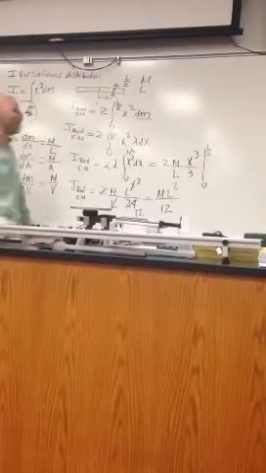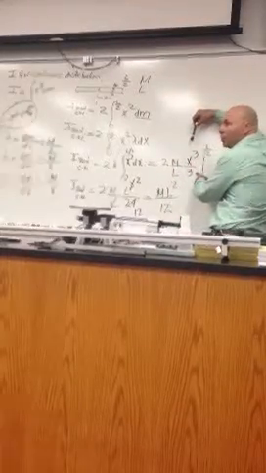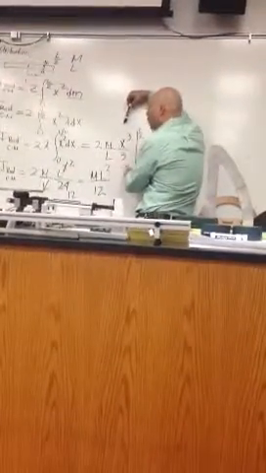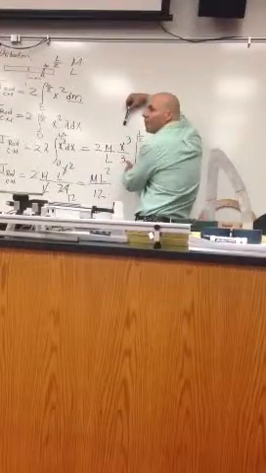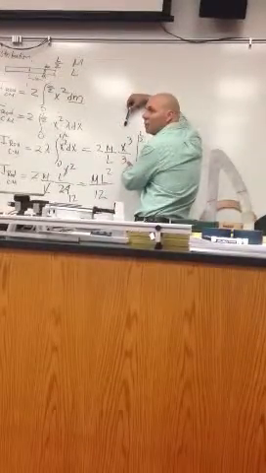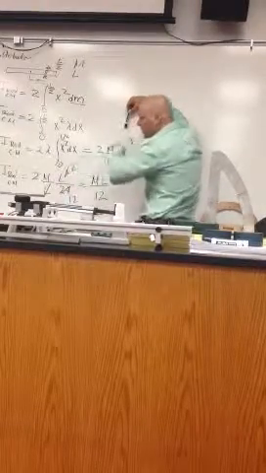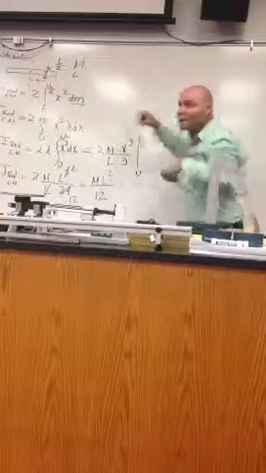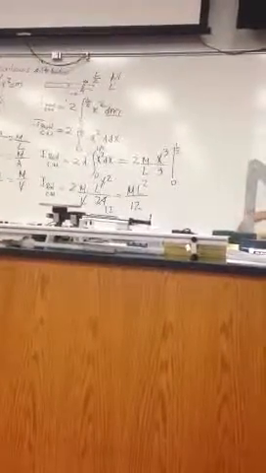We have the 3 here, and when you have L over 2 cubed, this will be L cubed over 8. And 8 times 3, how much? That's 24. Then you calculate. Alright, that's the moment of inertia of the rod with respect to the center of mass.